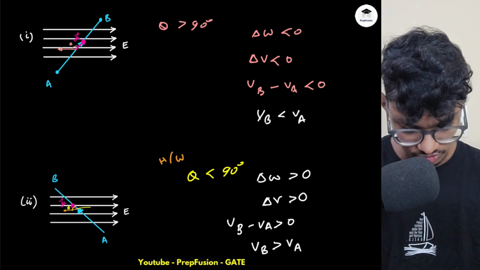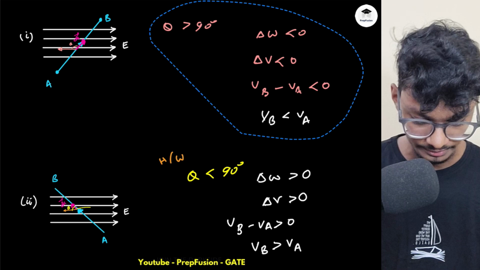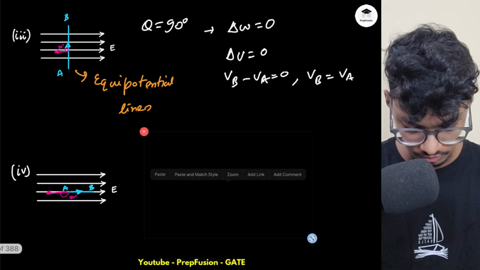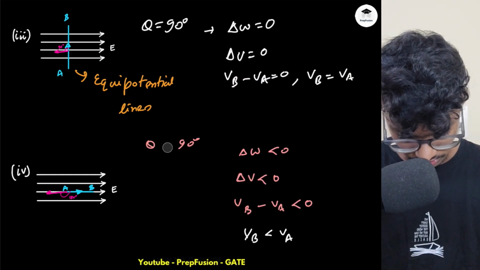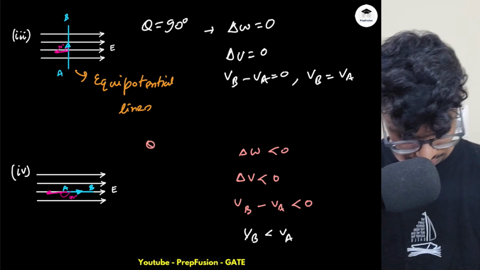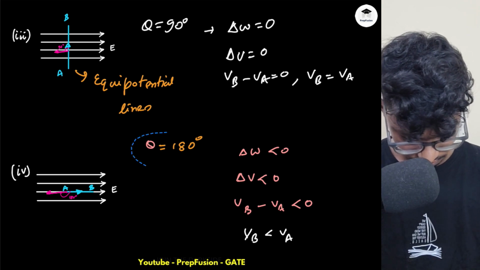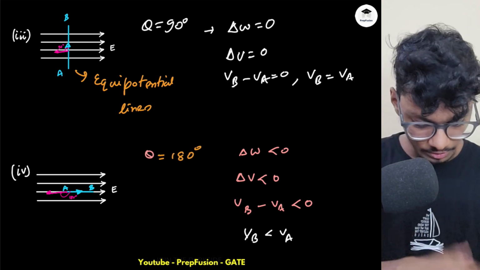Theta will be exactly 180 instead of just greater than 90. All the other things will remain the same. Delta W will be less than 0. So theta is exactly 180.